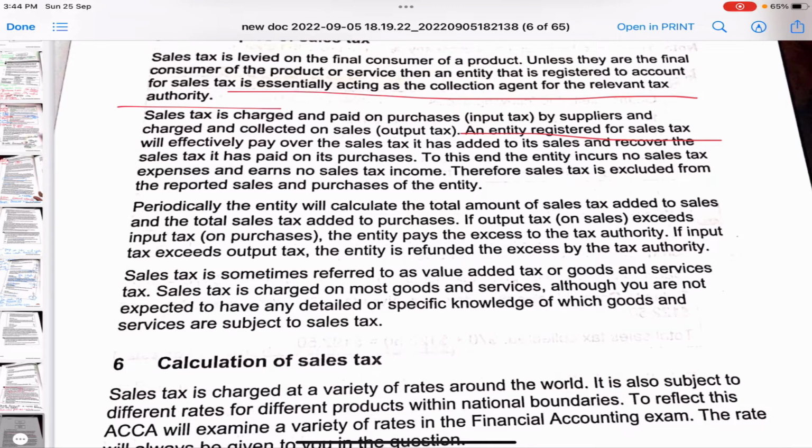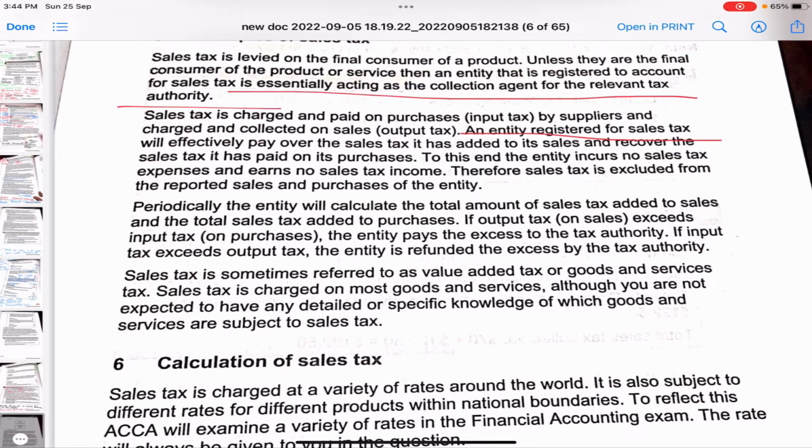If my input tax is more than the output tax, which means I have paid more to the government than I should have, so I will be getting a refund of some of the tax. If my output tax is more than my input tax, which means the amount which I have paid to the government is lesser than the amount I actually had to pay. So if you subtract it, you have to pay the excess amount.